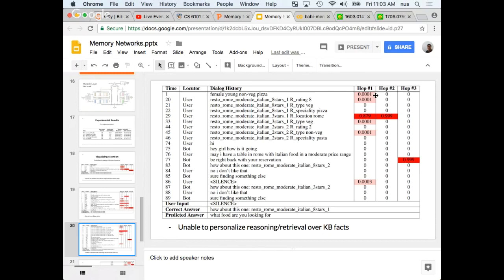It seems to be forgetting that it's the user talking, because it answers by asking again what are you looking for. Ah, yes, right. The predicted answer is what food are you looking for, right? Yeah. And the correct answer is to ask about the economy solid one.